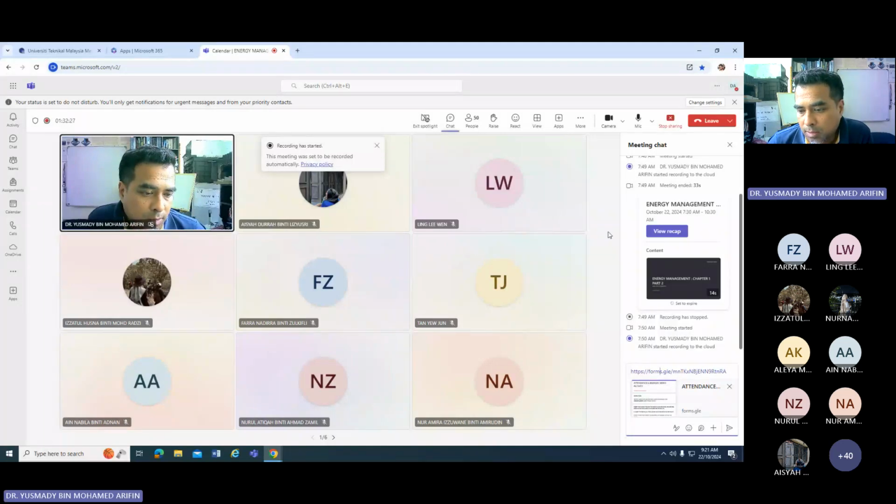Okay, saya bagi masa you hantar sampai 9.40. 9.25 saya tutup screen ya. Tapi link tu you boleh submit, untuk yang hadir dalam kelas ini saja.